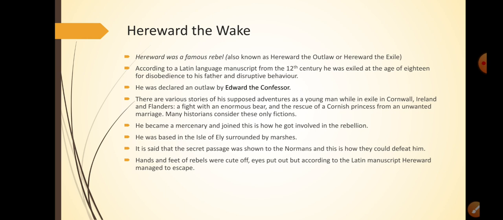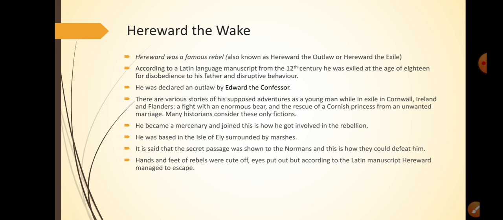But like many old stories, we don't know if these stories are true at all. Now, he became a mercenary. Now, we understand mercenary, hopefully. For those who don't know the word, a mercenary is a soldier who fights for money. Not because this is his cause or he believes in the cause, but because he is paid. That's a mercenary. So apparently he became a mercenary and joined this rebellion.